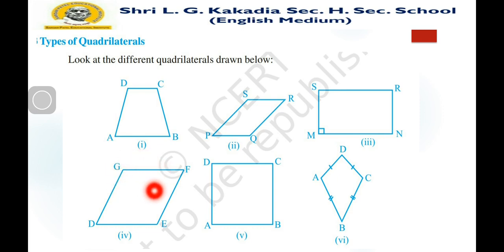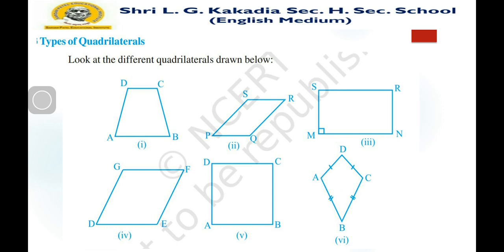If in a rectangle all sides are equal, then it is known as a square. And if adjacent sides are equal, then it is known as a kite.